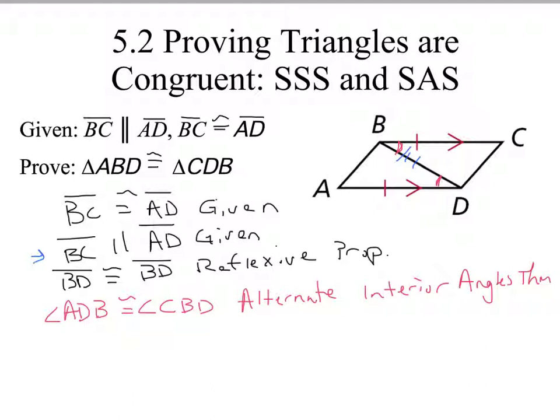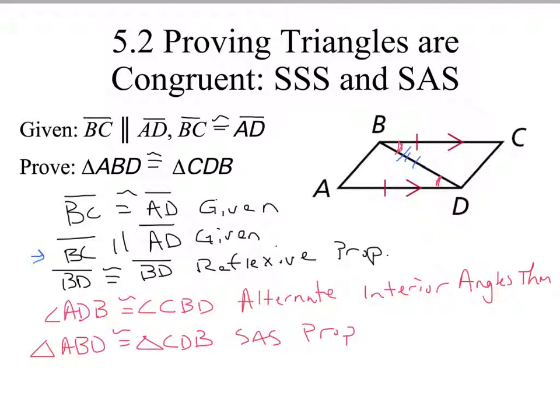All of the stuff we have learned in the past is going to be relevant in this lesson or in this chapter. We're going to be using two-column proofs. Okay, so now we can prove triangle ABD is congruent to triangle CDB because of our SAS property. All of that information leads to our SAS property.